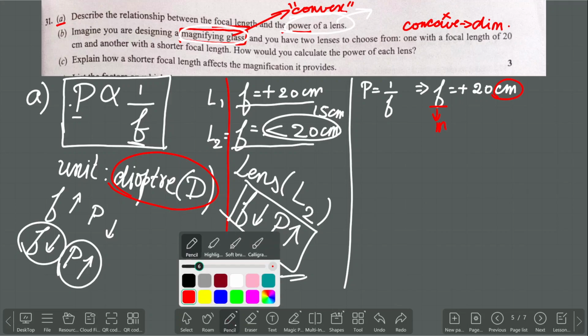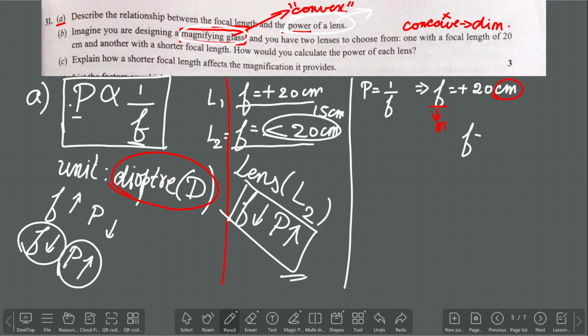So first what we need to do, we need to convert centimeter into meter. For converting that, we are going to divide the given number by 100. 0, 0 will get cancelled each other, 2 by 10. So that means F is equal to 0.2 meter.